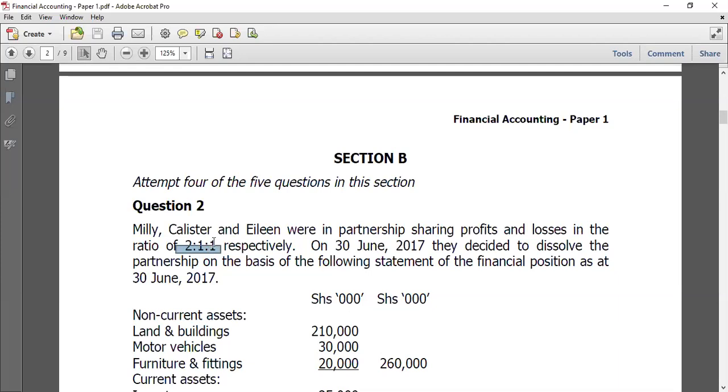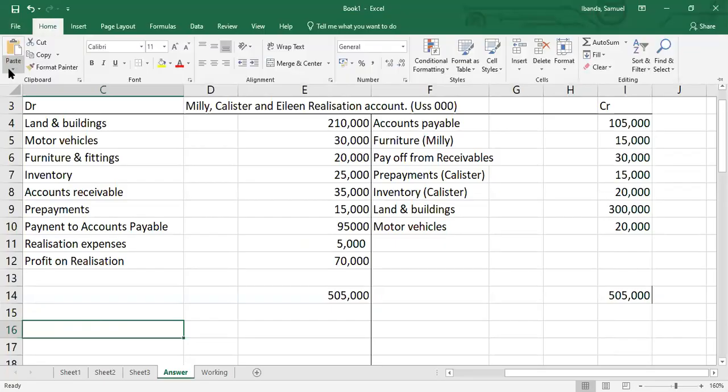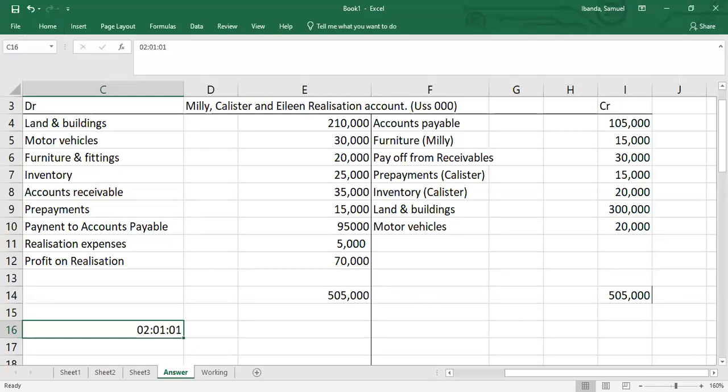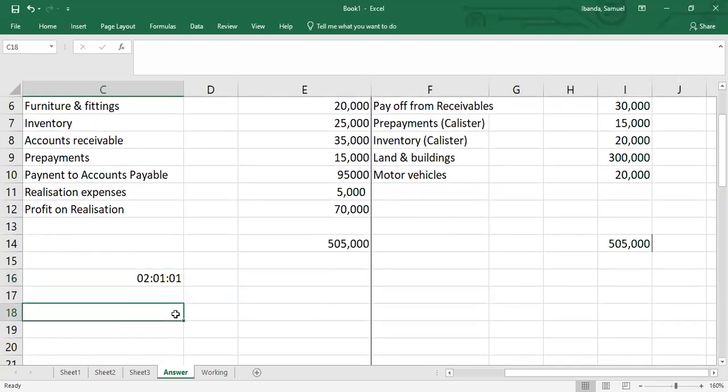Their sharing is 2 to 1 to 1. What that means is I need to share that 70K in these ratios. The total ratio is 4.